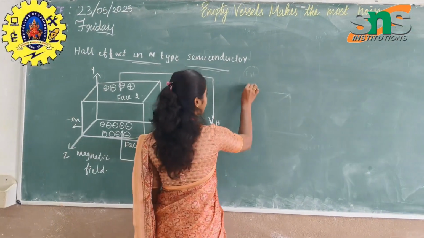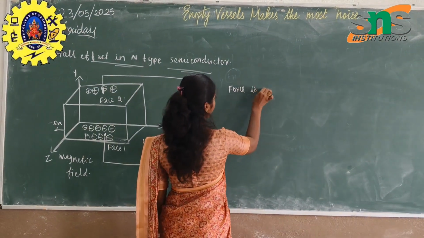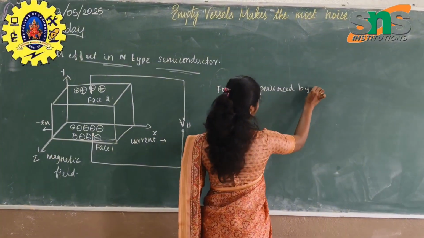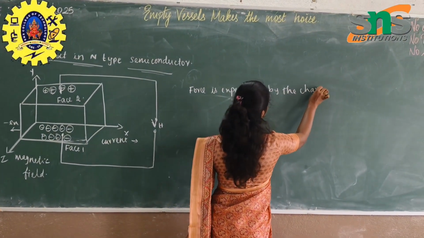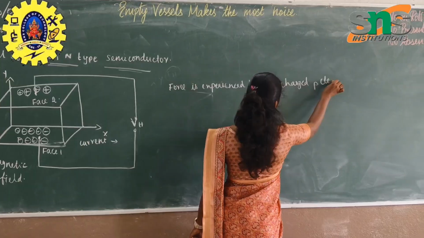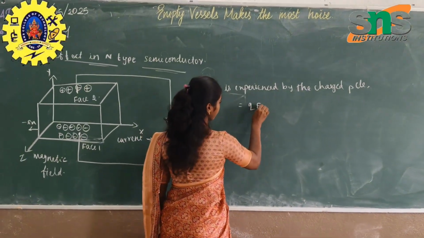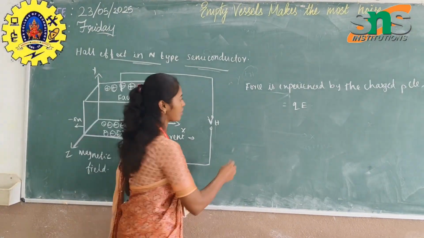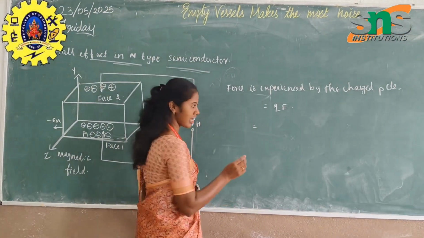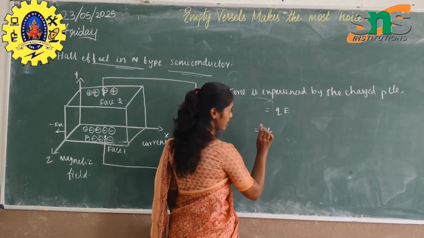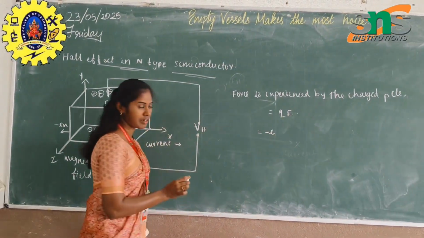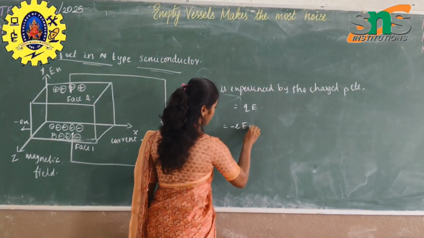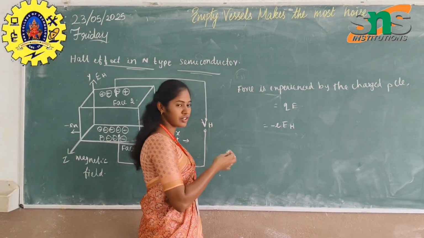Now the force experienced by the charged particle is equal to QE. Here the force is due to the developed electric field, and the charge is that of an electron, minus e. So the force is minus e EH.